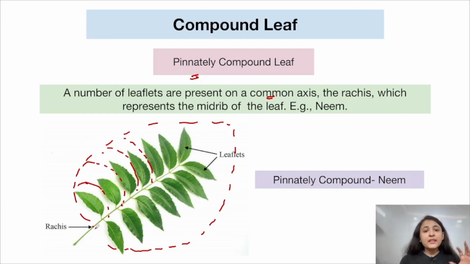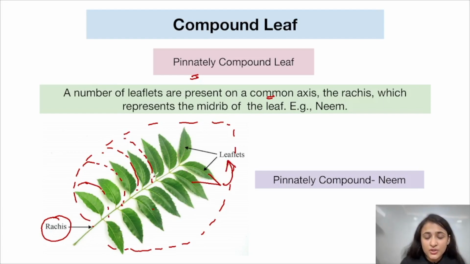If the leaf was entire, this middle portion would be known as the midrib, right? Now, since the leaf has been incised and broken down into a number of leaflets, this middle portion still exists. This middle portion is now known as the rachis. It represents the midrib of the leaf. So this whole structure is a single leaf. We cannot say this is the leaf, this is the leaf. No, these are leaflets, and this entire structure is known as a leaf.